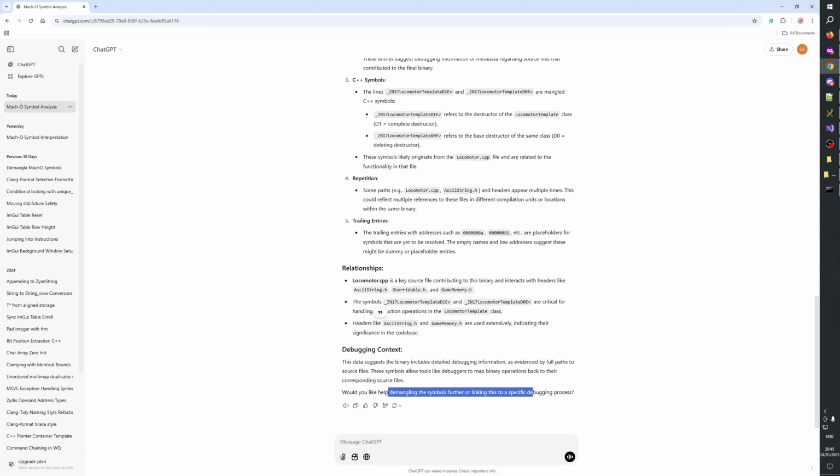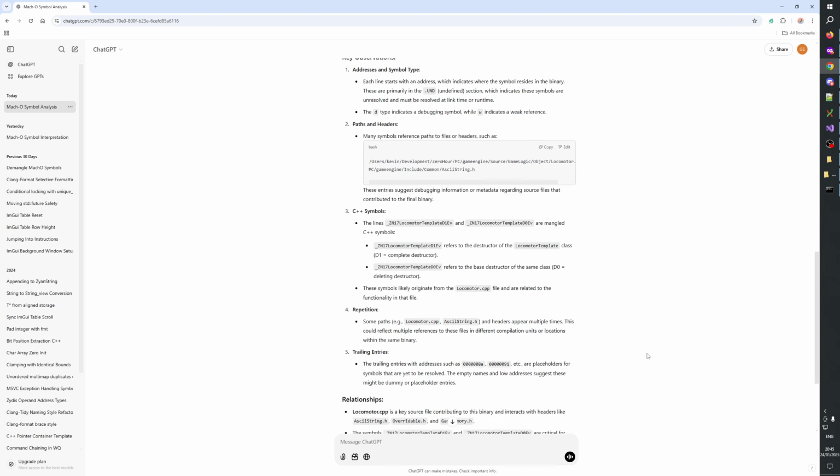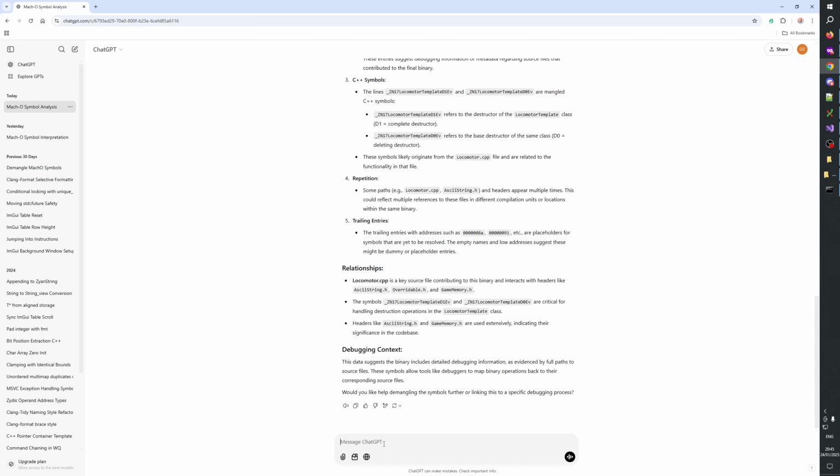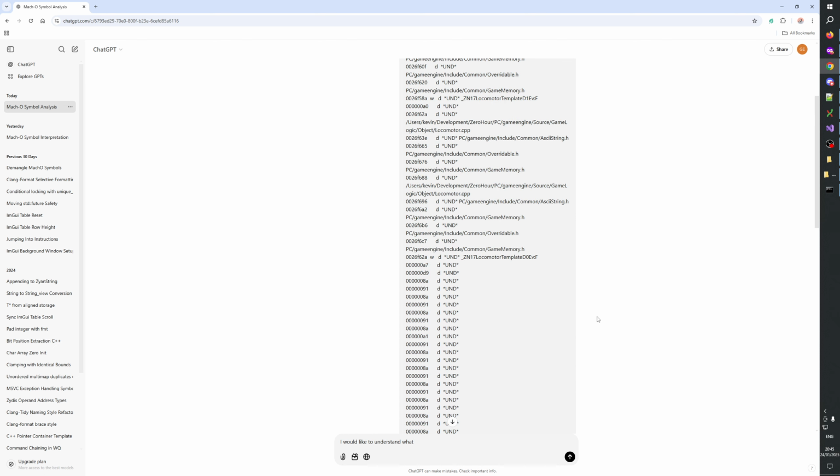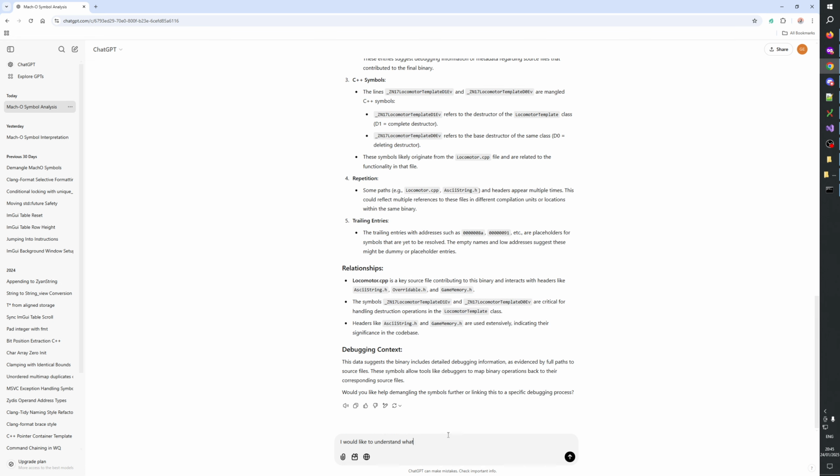No, I don't. I would not like demangling, but I would like to understand why header files and source files are listed multiple times.